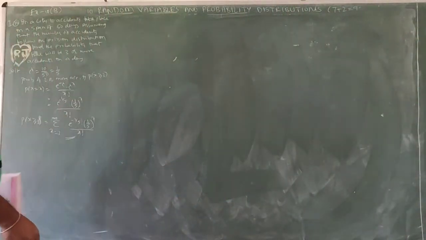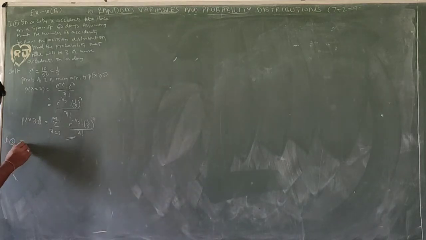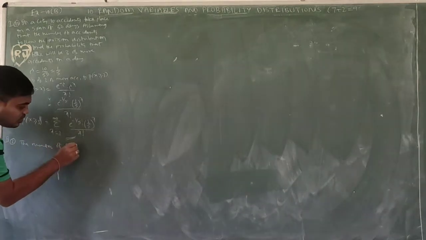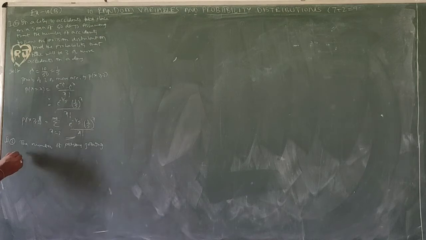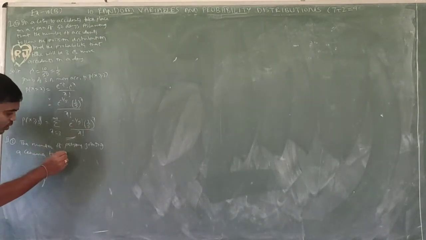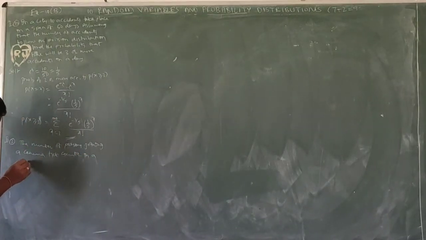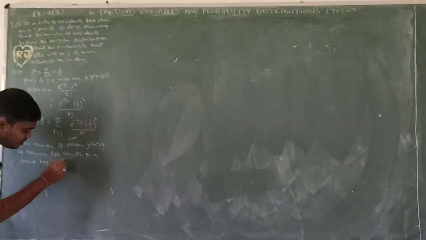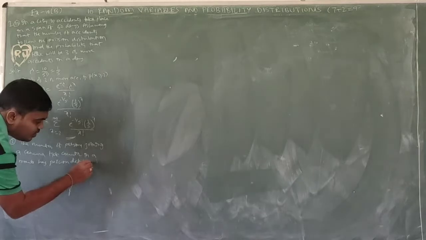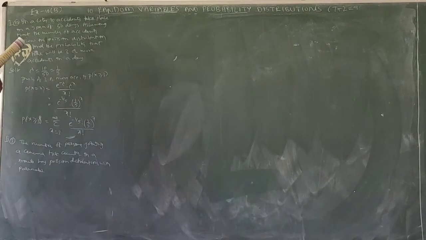Third question is: the number of persons joining a cinema ticket counter in a minute has Poisson distribution with parameter 6.